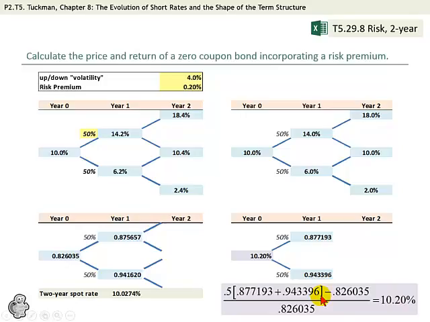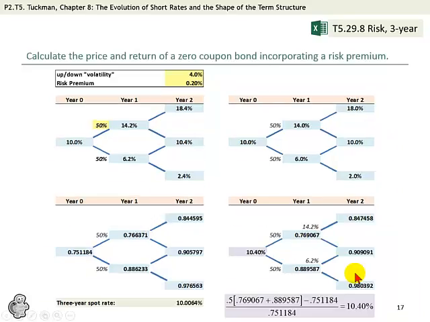And so this is really the compensation for 1 year of duration risk that's inherent in this 2-year zero coupon bond. And similarly, if it's a 3-year bond, you're going to be compensated for 2 years of duration risk with an expected return of 10.40%, which is 20 basis points for each year that you want compensation for your risk aversion.